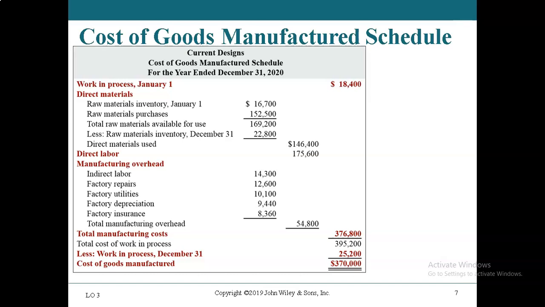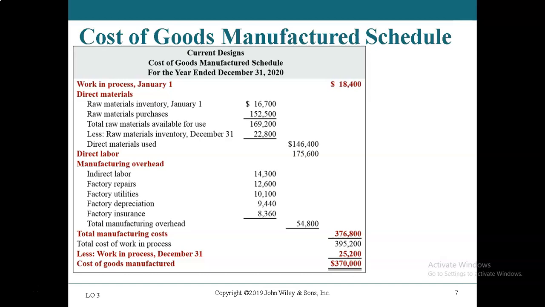We have direct labor, which is $175,600. And you have manufacturing overhead, which is $54,800. What happens if you combine direct materials, direct labor, and manufacturing overhead? You get $376,800.